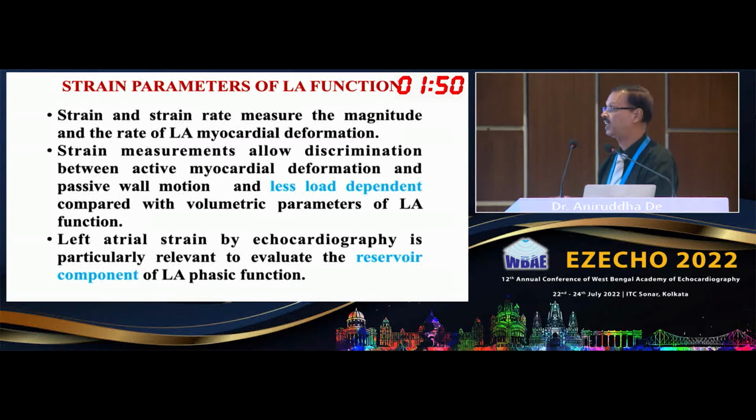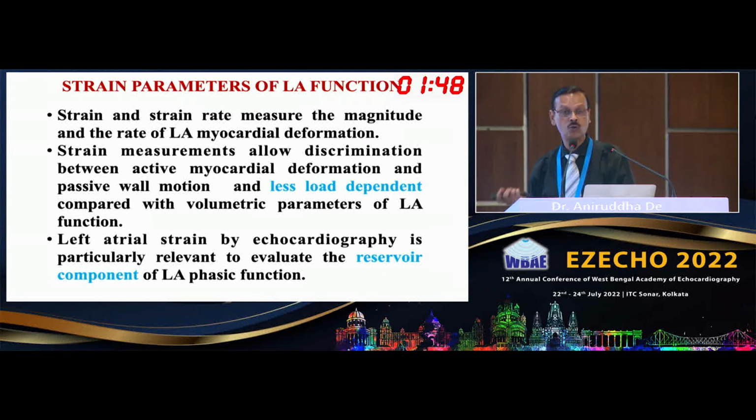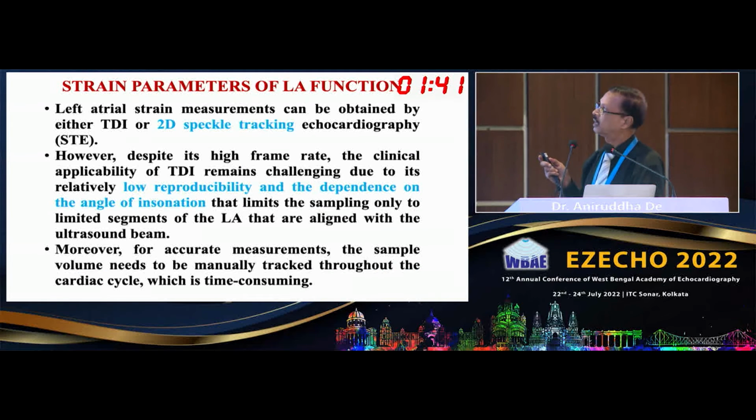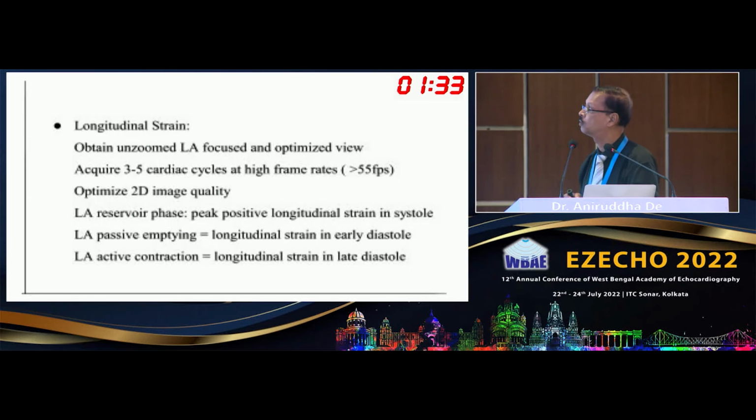Now come to the strain. Strains are less load dependent, and of course reflect the reserve component of the LA phasic functions. We can do it, of course, with the TDI, but TDI definitely has low reproducibility and depends on the angle of insonation, whereas 2D speckle tracking is very good.